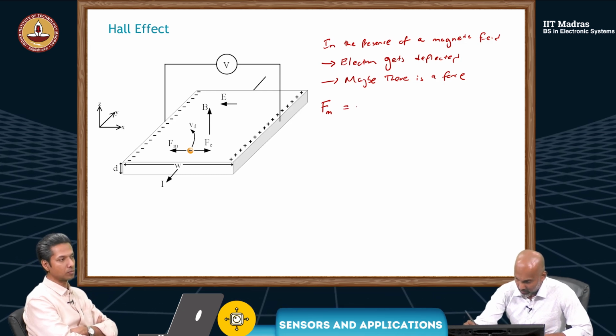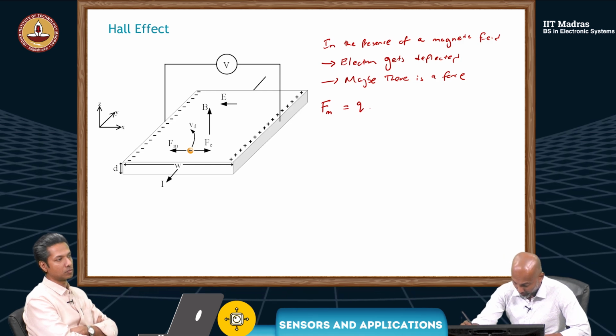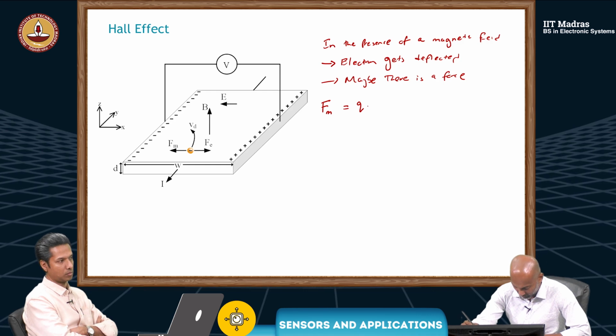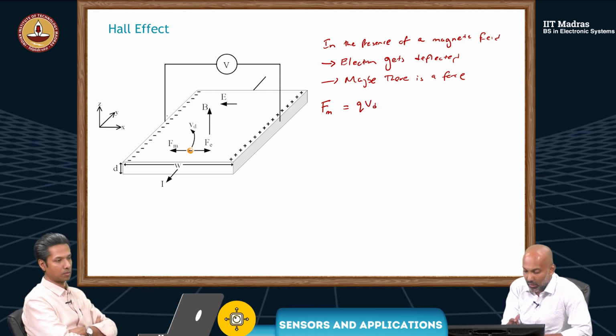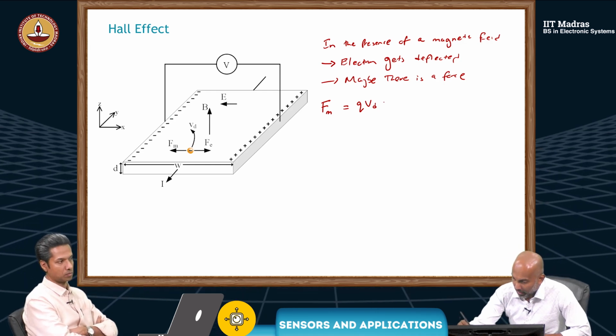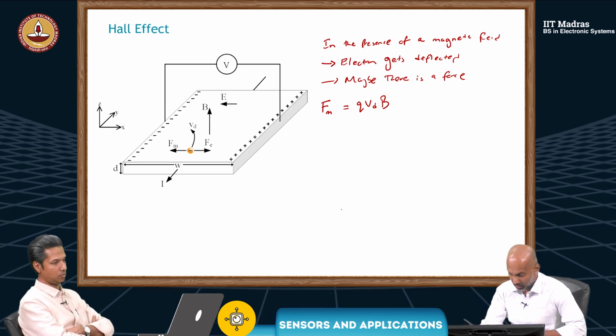And that force is a function of the magnitude of the charge of the carrier, which is Q. Vd is the drift velocity, so it drifts to the side at a velocity Vd. And then B is your applied magnetic flux density.